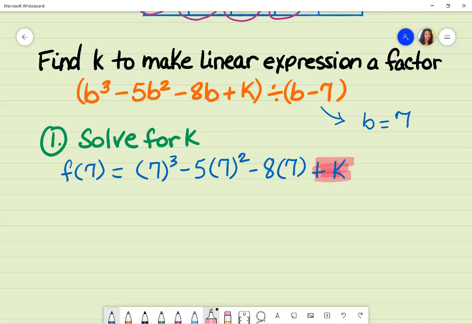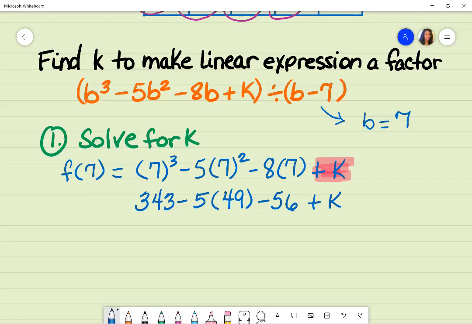So let's just simplify. So 7 raised to the third power. If you're manually doing this, again, if you just put it in the calculator, it's going to give you 343. But let's just go ahead and do it. So 343 minus 5 times 7 squared, which is 49, and minus 8 times 7, which is 56, plus k.